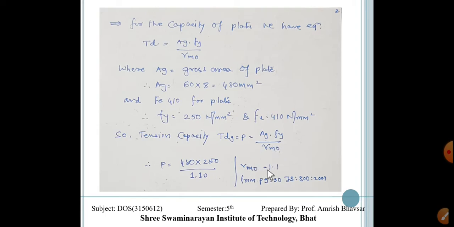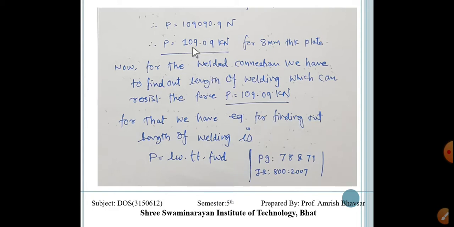The value of gamma m0 is 1.1, which is given on page number 30 in IS 800:2007. So put this value in this equation, and we get the value of P as 10909.9 Newton, but we always consider force in kilonewton, so we convert this force into kilonewton. It is 109.09 kilonewton for the 8 mm thick plate.